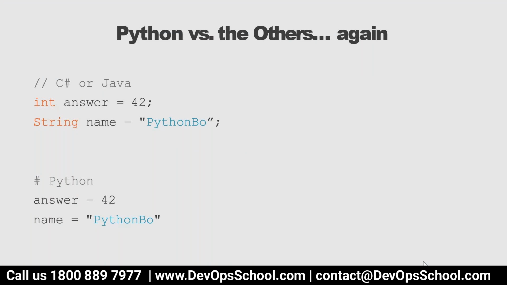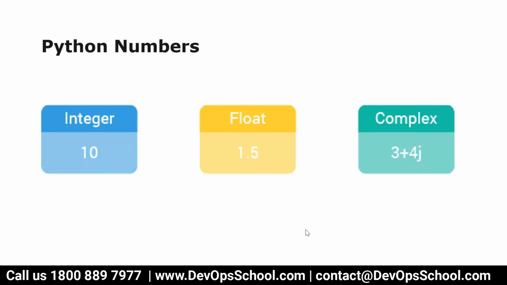Okay, so now Python is also a loosely typed language. That means you don't need to specify the type just like in other programming languages. So here, this is how you can represent the integer 10, float, complex value, and so on.